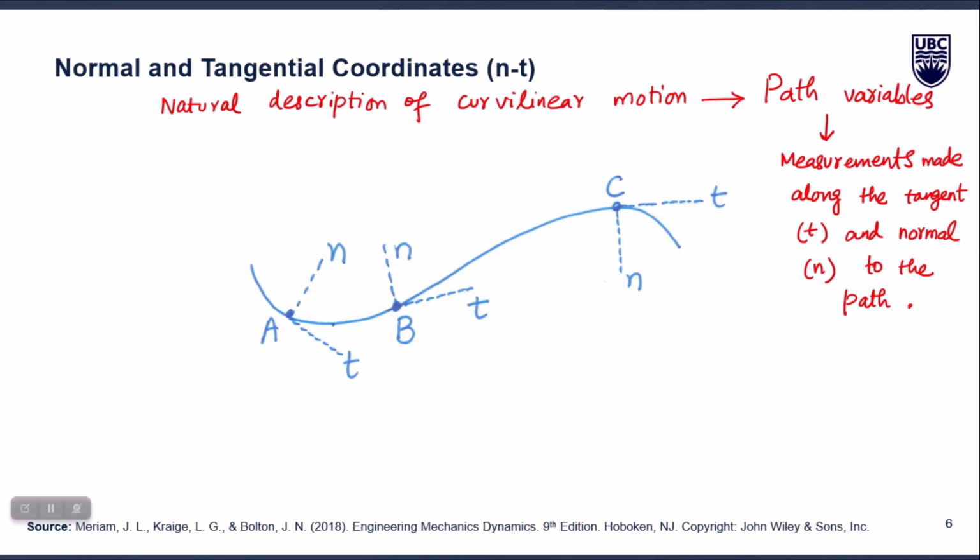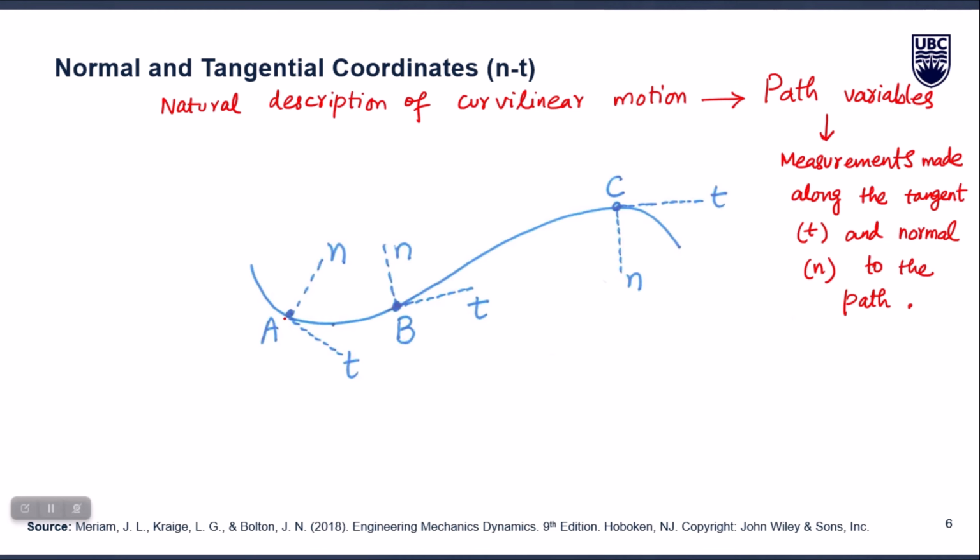So we will be describing this motion using measurements along the t axis and along the n axis, where t and n are the tangent direction and normal direction respectively to the path of that particle.